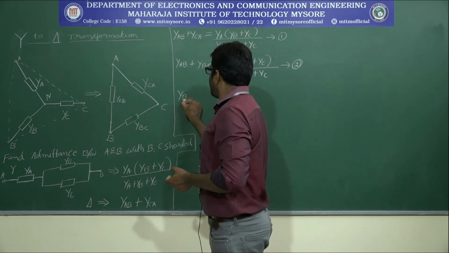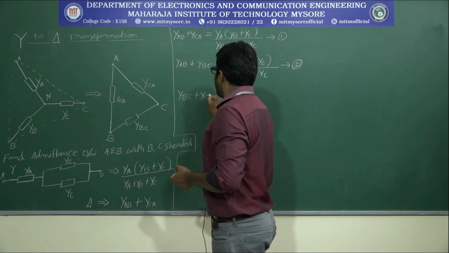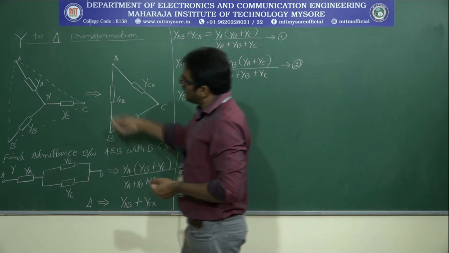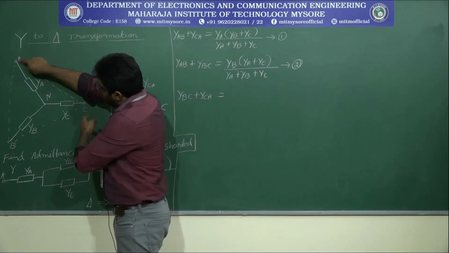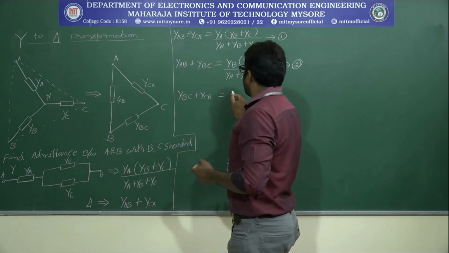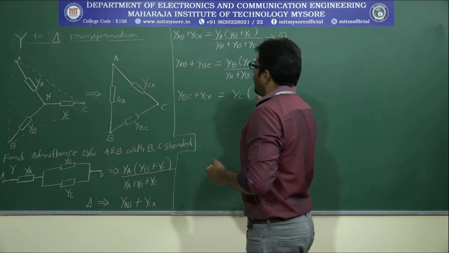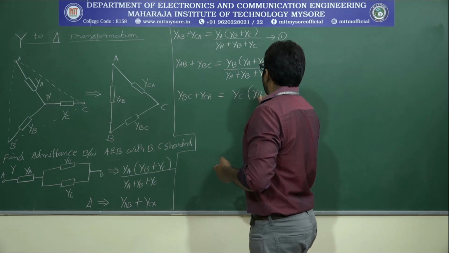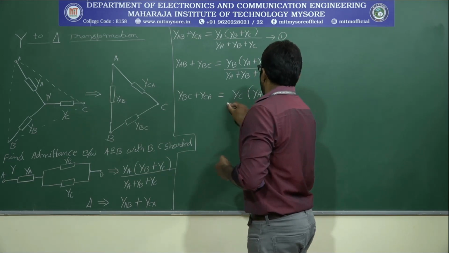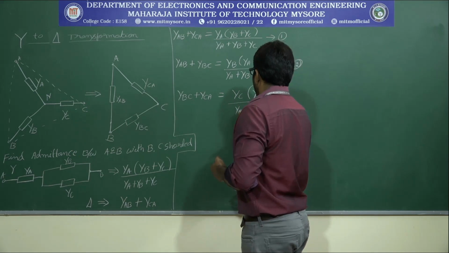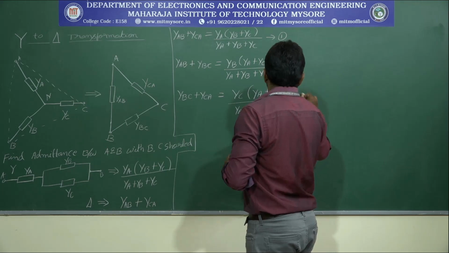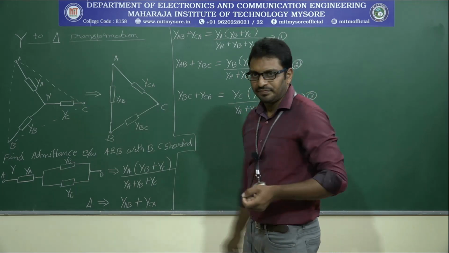Therefore, YBC plus YCA is equal to YC into YA plus YB whole divided by YA plus YB plus YC, and call it equation number 3.